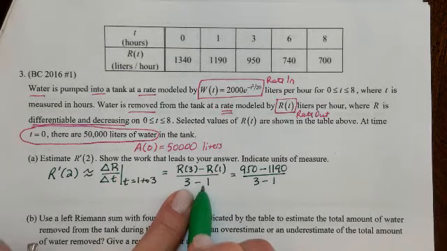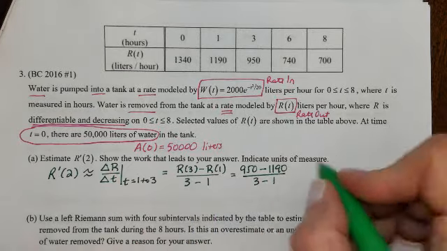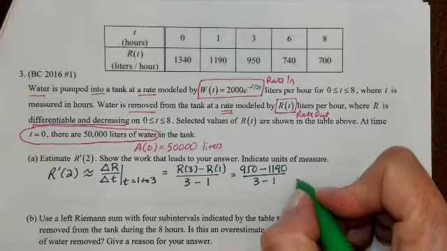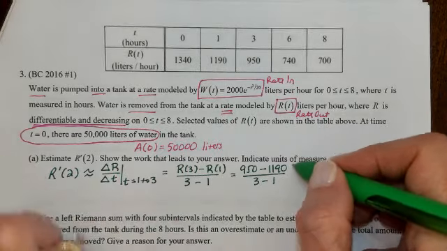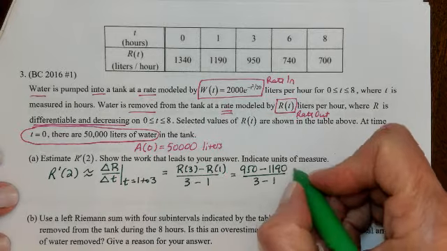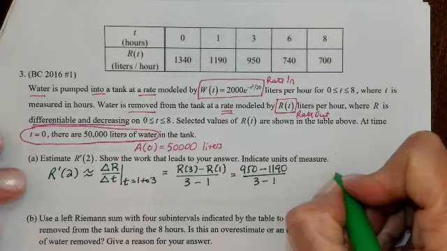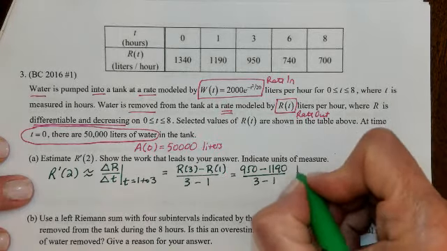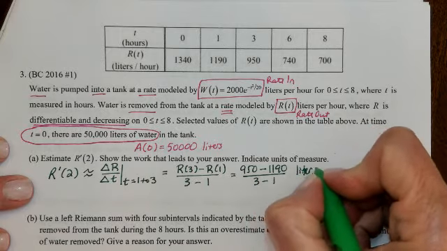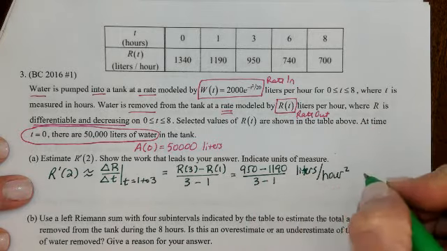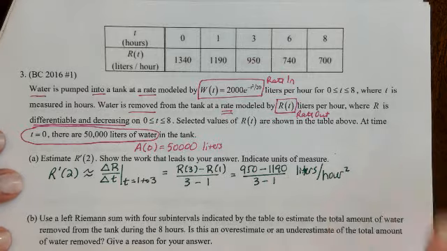The time units are in hours. So this will be liters per hour per hour. Top over bottom, liters per hour per hour. You can write it like that if you want to. You can write it out in words, and that's fine. Or you can write it liters per hour squared. That will work as well. Okay? Either way.